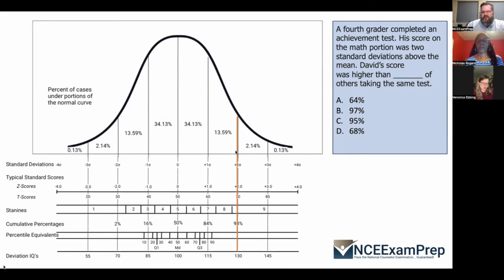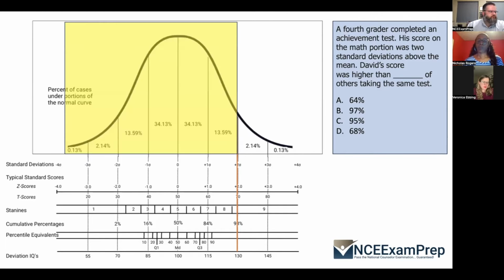So how are we going to figure out what percentage was lower than David's score? Well, we've got to look at all of these percentages that fell below 2 standard deviations above.